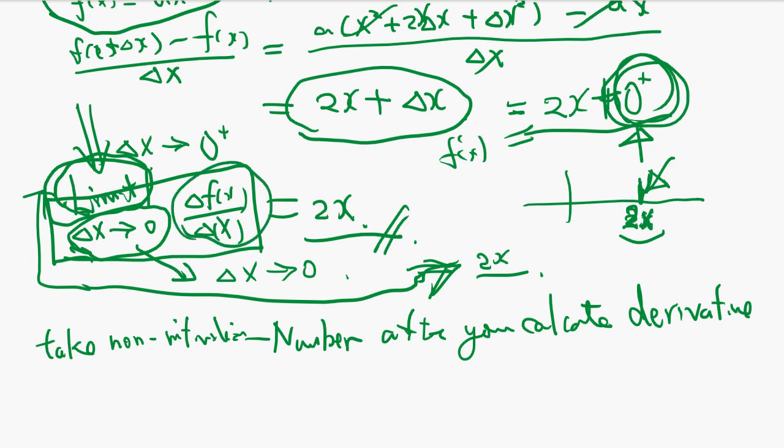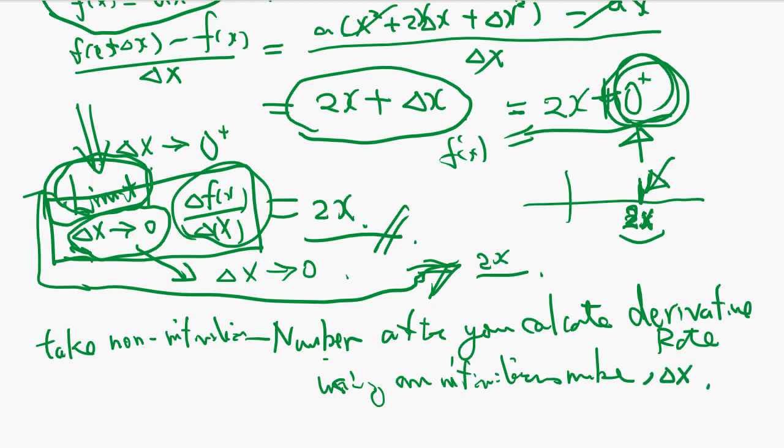This is a ratio. Okay, the derivative ratio using an infinitesimal number, which is delta x, 0 plus. Okay, delta x is not 0 plus. Delta x is going to 0.